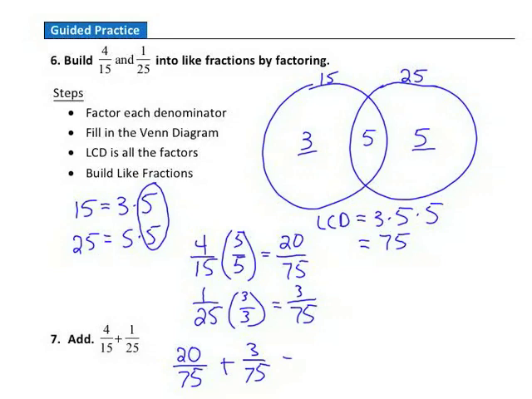Now we have like fractions, so we can add these together. If I start with 20 of these 75ths and add 3 more of them, altogether I'll have 23 75ths. Now 23 is a prime number. It's not a factor of 75, so these don't share any common factors. So that is my final simplified answer.